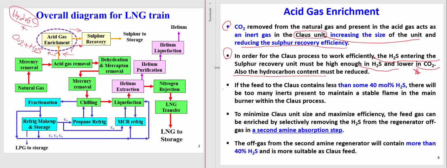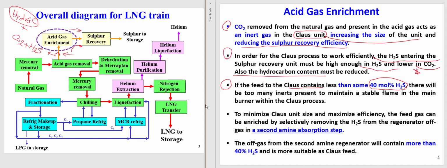So based on the information available, if the feed to the Claus unit contains less than 40 mole% of H2S, okay, the efficiency of the Claus unit to recover sulfur will be very low.